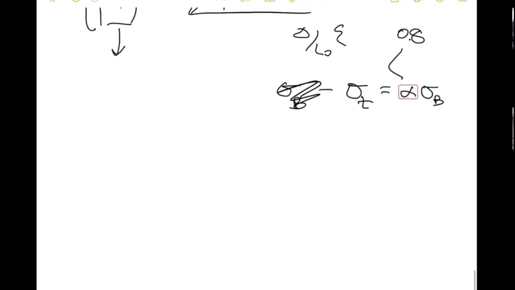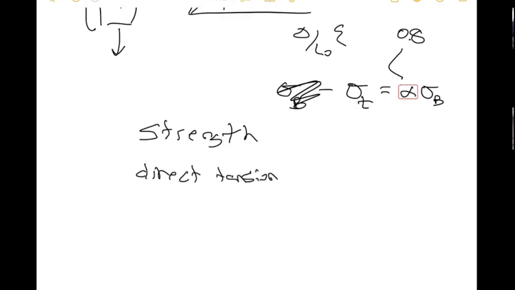So people with me? So for strength, the simplest thing is direct tension, and they call this tensile strength, and I'm going to denote that by sigma T all the time. And again, you look up any rock and they have this. Well, that's not even true.